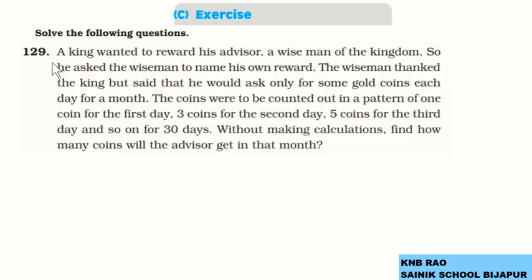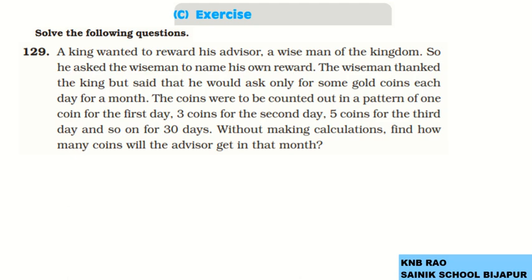In question number 129, a king wanted to reward his advisor, a wise man of the kingdom, so he asked the wise man to name his own reward. The wise man thanked the king but said that he would ask only for some gold coins each day for a month.